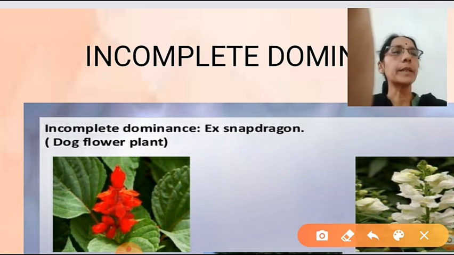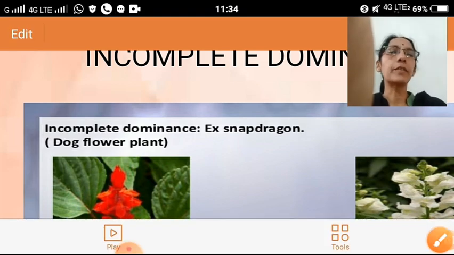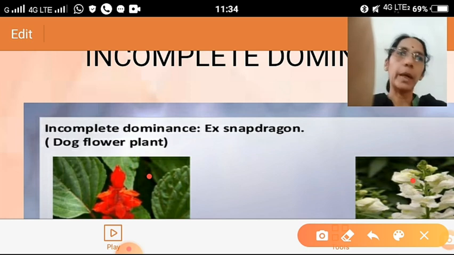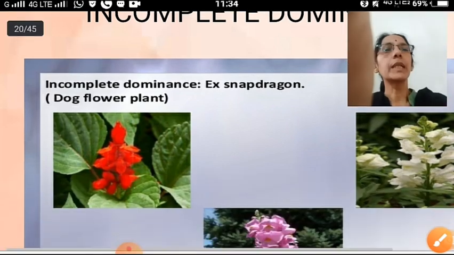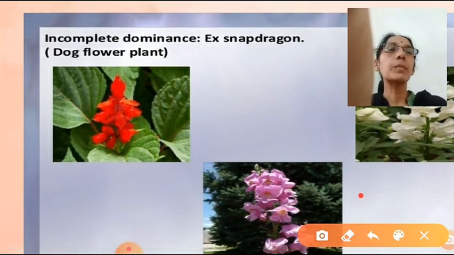You see here, this is a plant having red color flower. Another plant is having white color flower. One is red, the other one is white. Normally what we will interpret is red is dominant, white is recessive. So when we cross these two plants, in the F1 generation we expect which one?